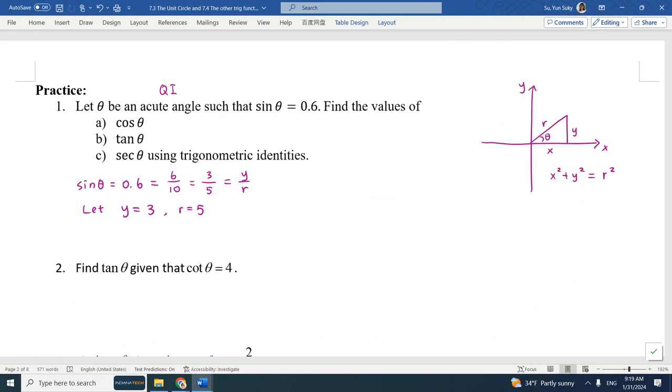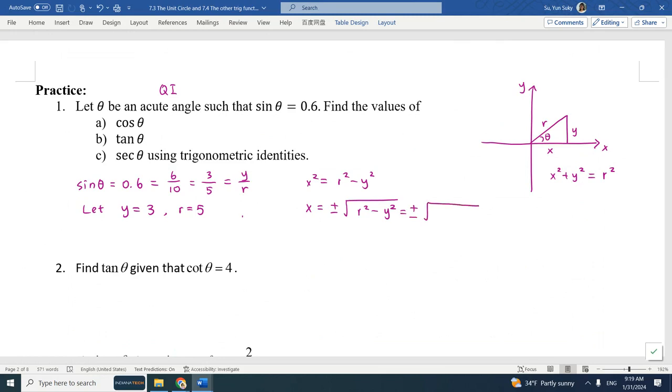We move the y squared to the other side, right? So x squared equals r squared minus y squared. So x equals plus or minus. Whenever you take square root, you have plus or minus. Okay, so plus or minus square root.